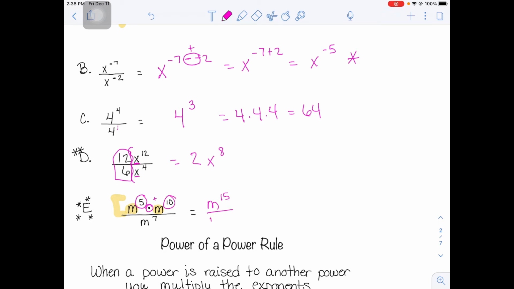We didn't do anything to the bottom, so we're going to bring it over. Now we can use our quotient rule. So m to the 15 and m to the 17 being divided, we keep our base. 15 minus 7, and we still keep our base. And when we think about what we have here, 7 to get to 10 is 3, plus 5 is 8.